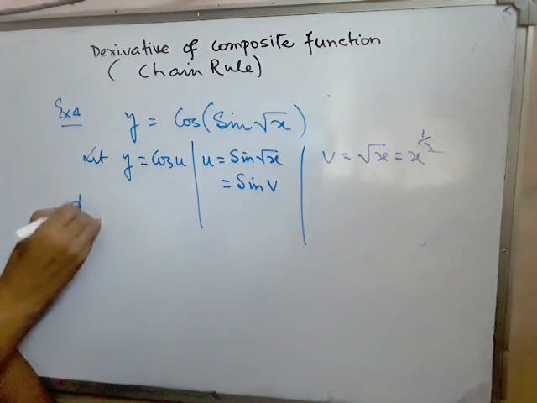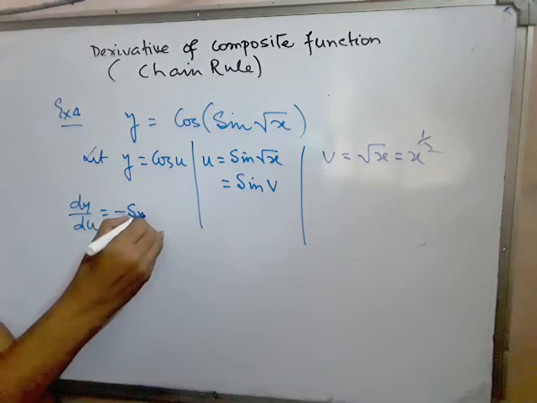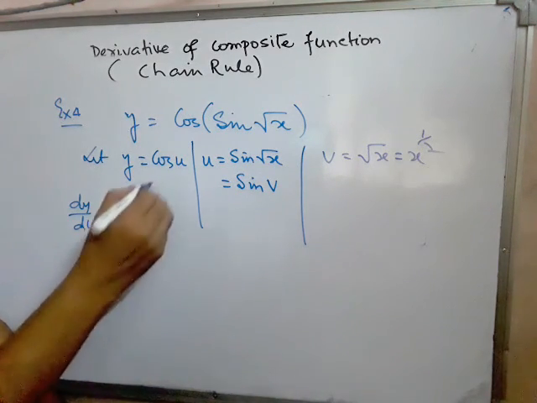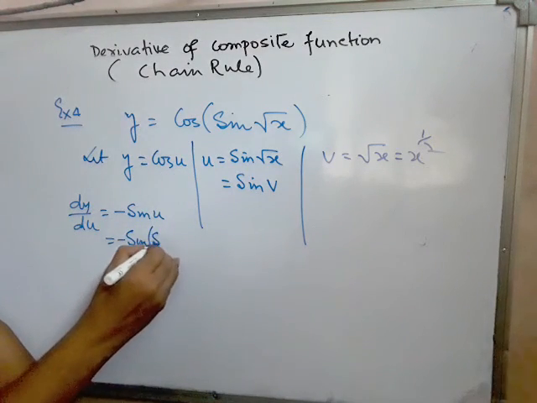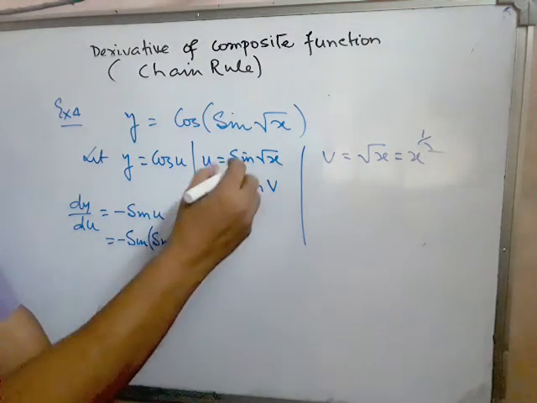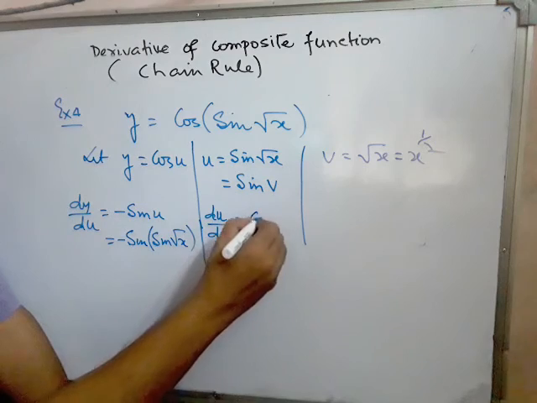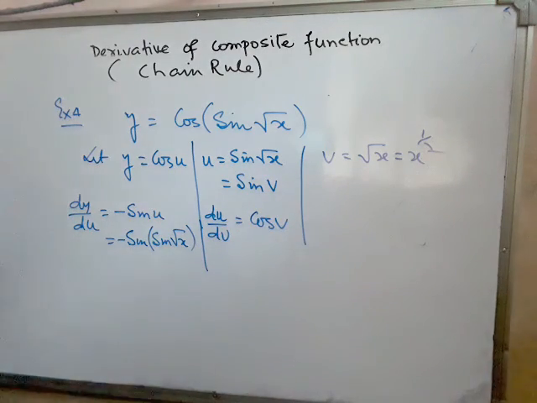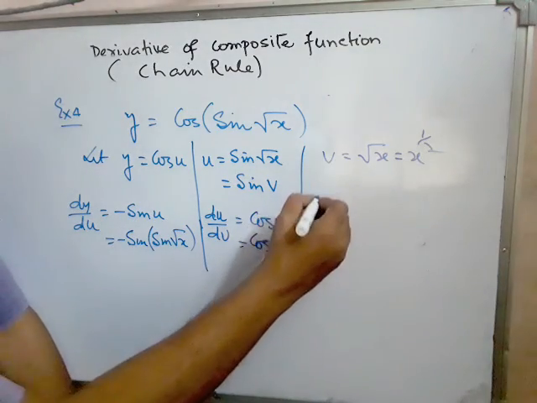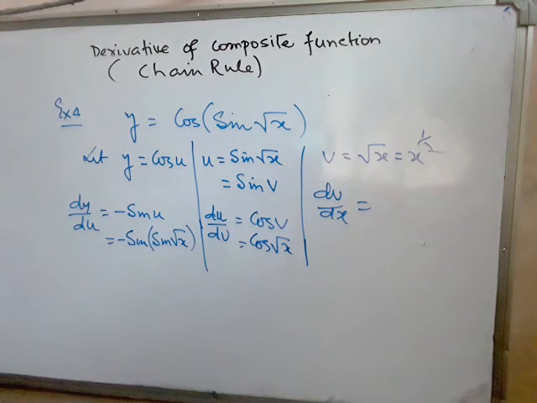From here, dy by du equals minus sine u, which you can write as minus sine of sine root x. du by dv is cos v, that is cos root x, and dv by dx is the derivative of x to the power half.